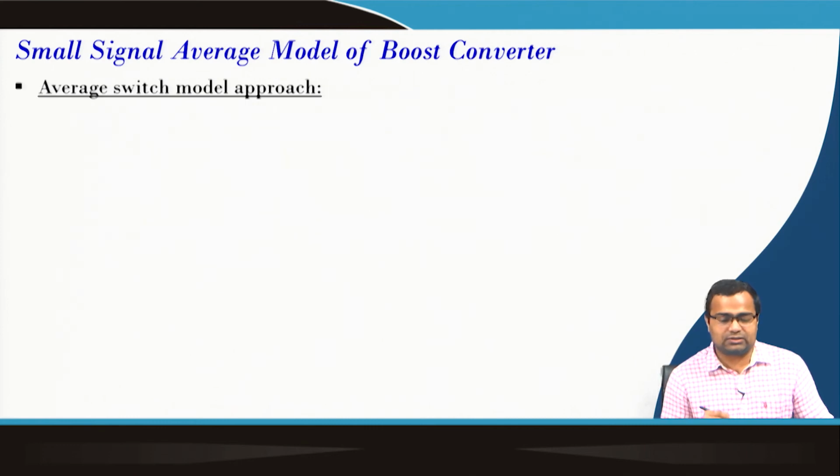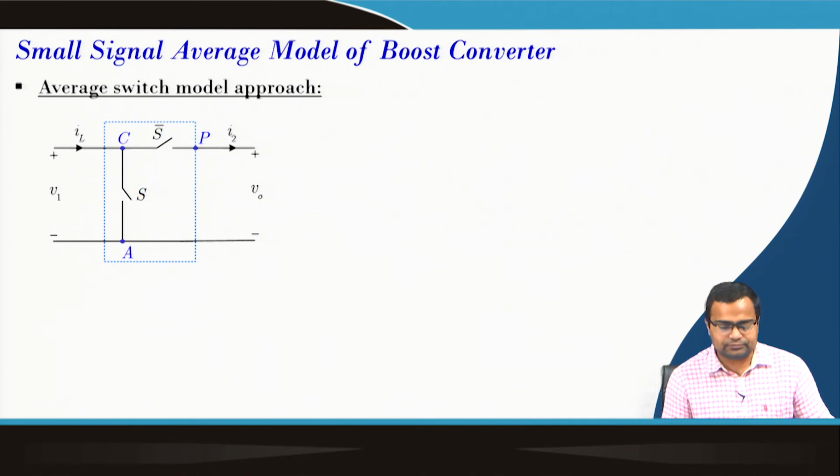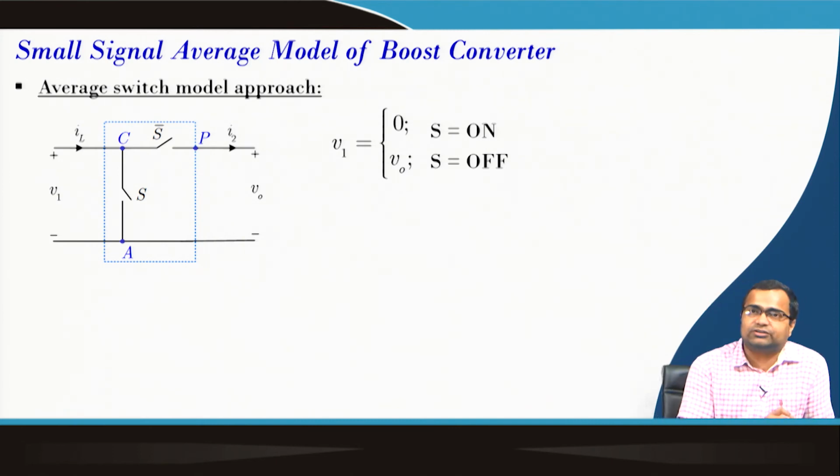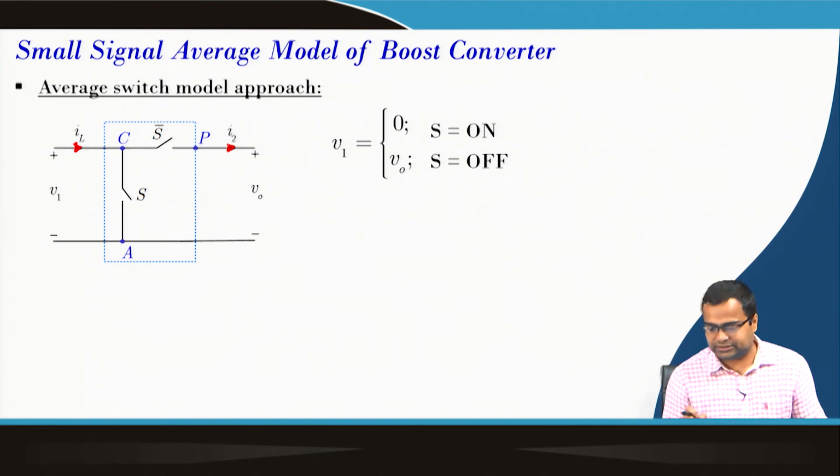Similarly, we can apply this circuit averaging technique to a boost converter. Here we can consider again the 3 terminal model, where the input side switch, which is connected to the inductor, has a discontinuous voltage and a continuous current, because we have an inductor before this. On the output side, since we are not considering ESR, it is connected to the capacitor, whose voltage is continuous, but the current is discontinuous.